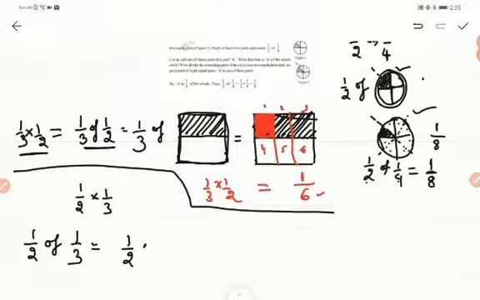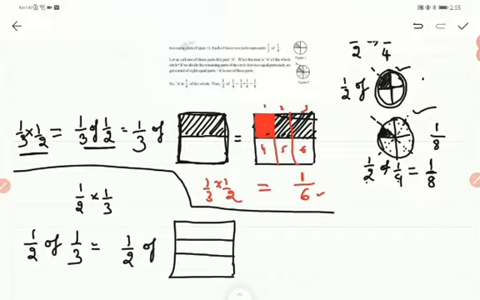I'm taking this square, this box. This is equally divided into 3 parts. 1, 2, 3. Out of these 3 parts, we want only one shaded region, isn't it? So I will shade this particular region.